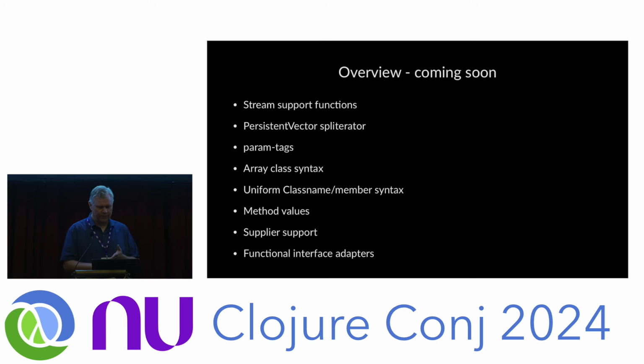So just quickly to go through these stream support functions. Streams are ever more used in Java, and there's no sort of way to bridge into seqs or reducibles or anything like that. And so this is really adding some new functions that let you use reduce, transduce, convert to lazy seqs, all that kind of stuff. Persistent vector spliterators. Spliterator is not new now, but a newish interface in Java that is kind of like the partition stuff I talked about earlier.